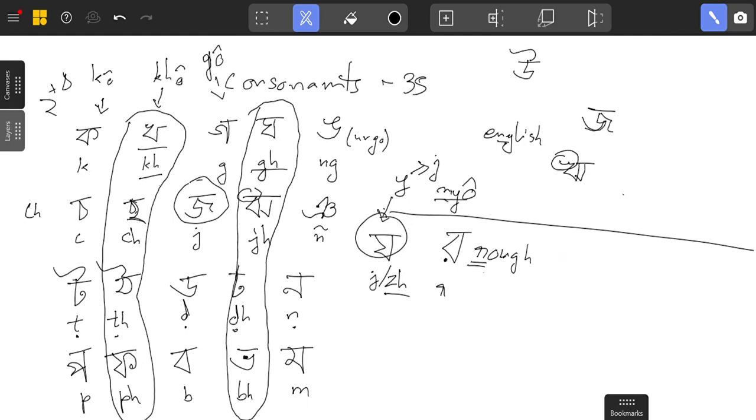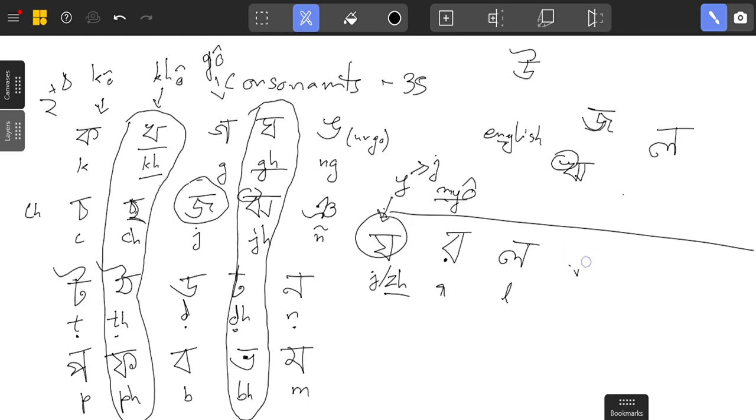Then we have law, which is quite simple. Law. Jaw, raw, law, baw. And I know we have already done a baw here, but you can have another baw here, or you can just ignore this one.